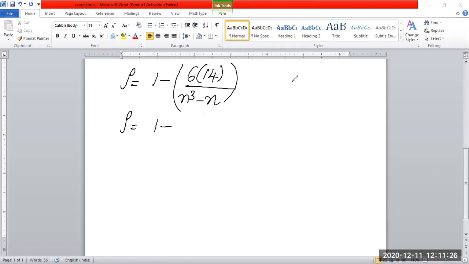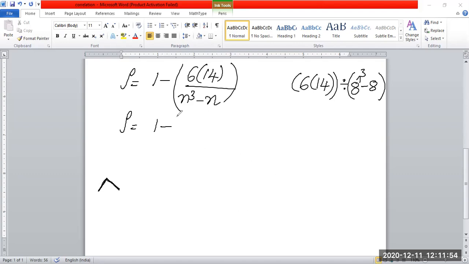Take your calculator, open bracket, 6, open bracket, 14, close bracket, again close bracket, divided by, open bracket, press button 8. Look at that in your calculator, there is this type of shape button, that is an at after x square. Just put 8 at 3 minus 8, then close bracket.